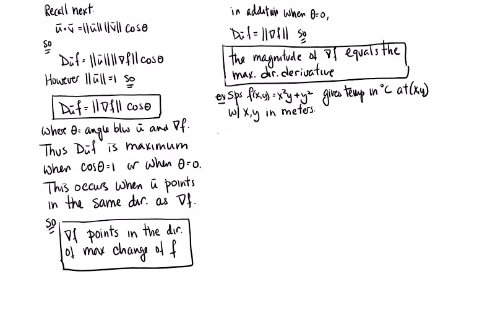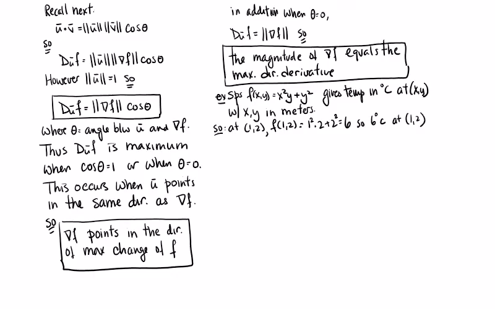So then there are a bunch of different things we can say. I haven't asked a question yet, that's okay. Let's look at some information. Suppose we're at the point (1, 2). If we plug that into f, we get 1 squared times 2 plus 2 squared, which is 6. So it's 6 degrees Celsius at (1, 2).